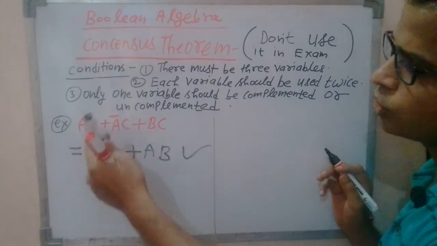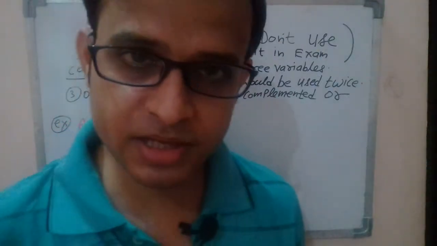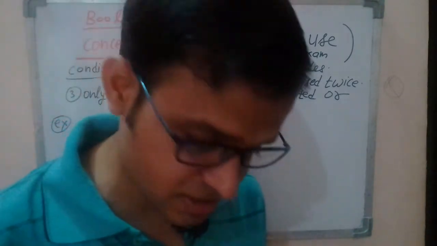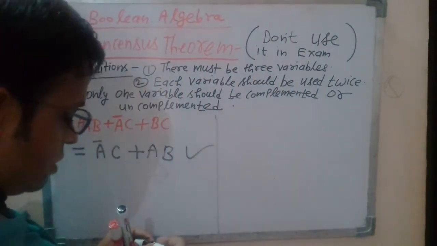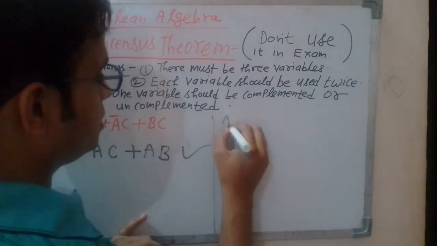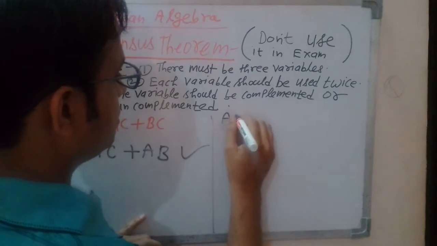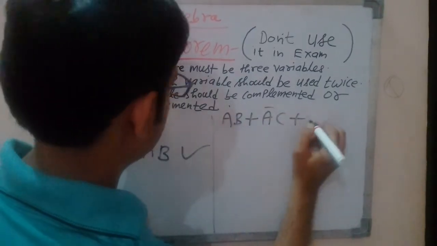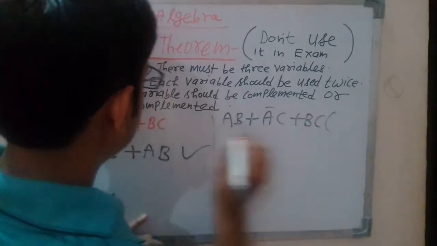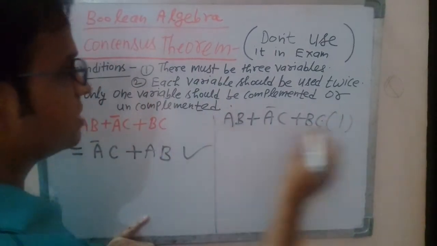now I will solve the same question by the conventional method, step by step, that you will have to follow in the exam. So first of all, how to solve this question? AB plus A bar C plus BC. In place of BC, can you write BC into 1? Yes, you can write.